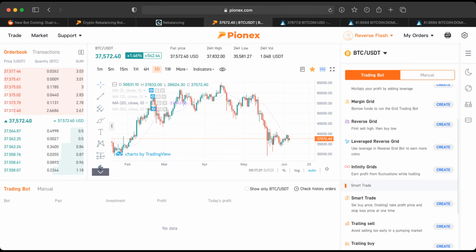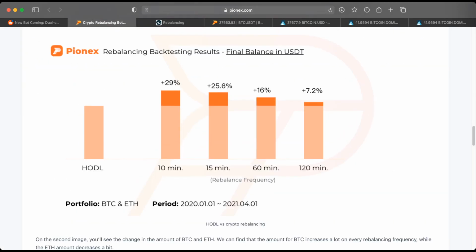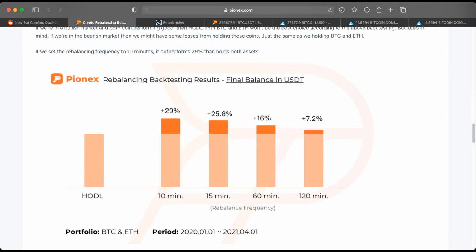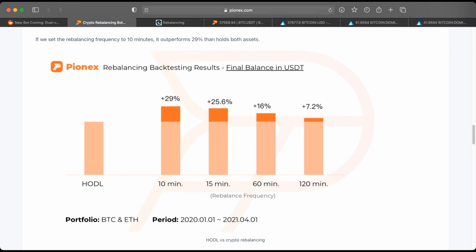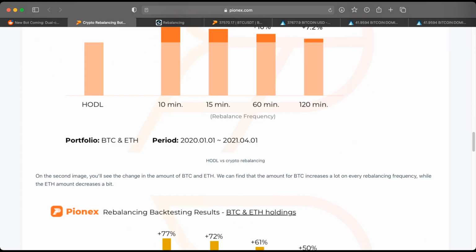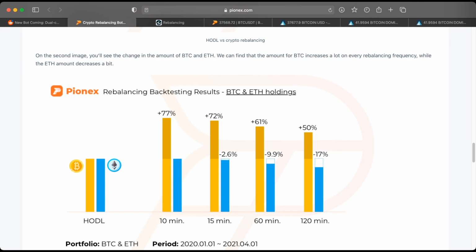Another example they have given is the same thing. It explains that the lower the frequency of the rebalancing, the more profitable your bot will be. Currently the rebalancing frequency is 5 minutes, which is very good, I think.